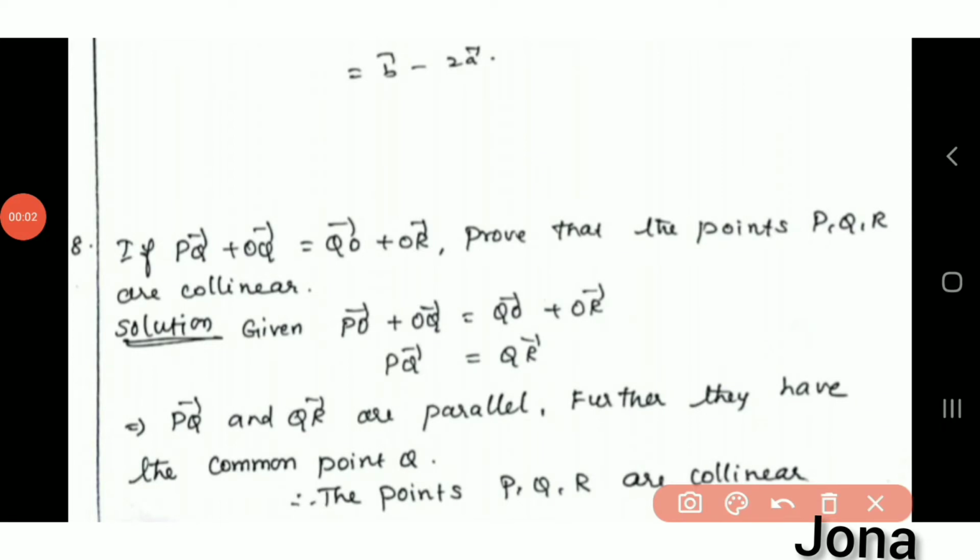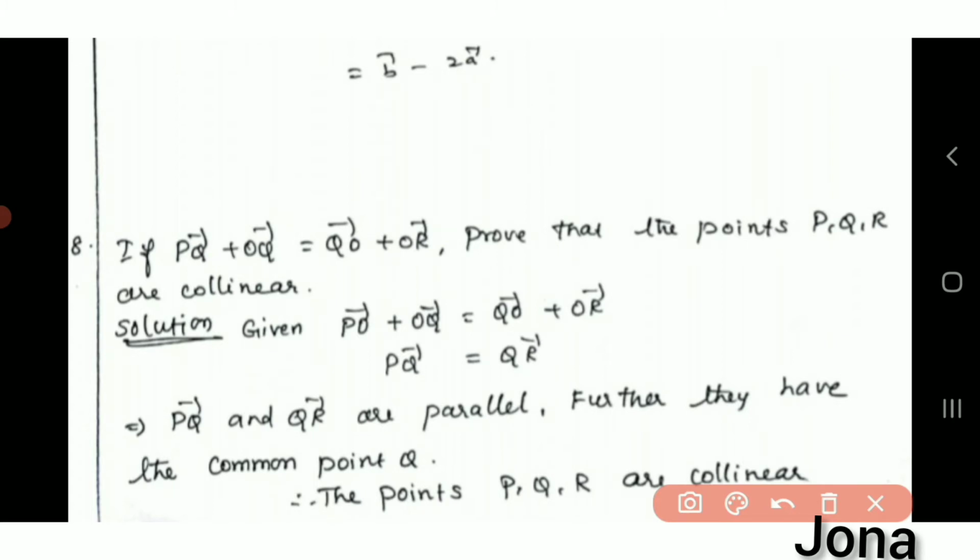Eighth sum. If PQ vector plus OQ vector equals QO vector plus OR vector, prove that the points P, Q, R are collinear. Here it's given PO vector plus OQ vector equals QO vector plus OR vector.